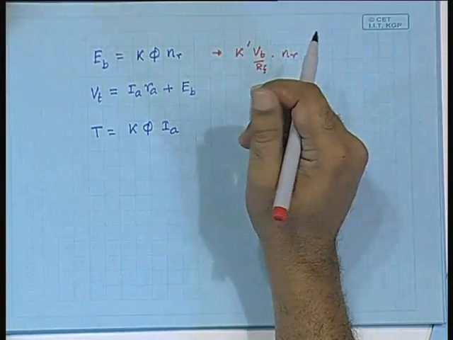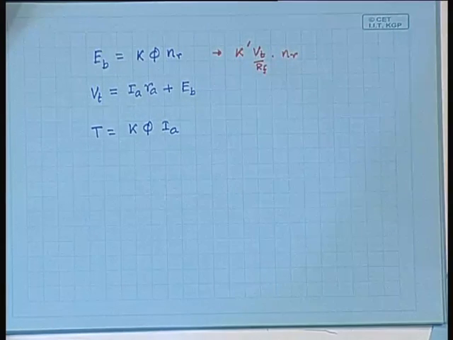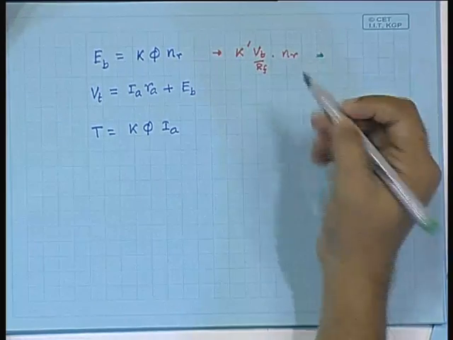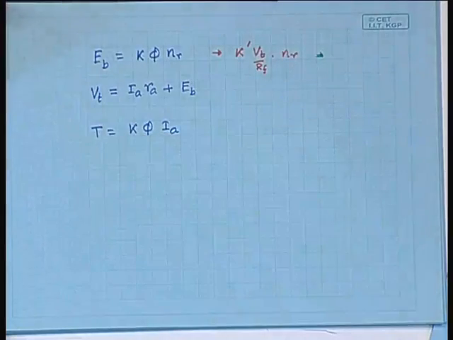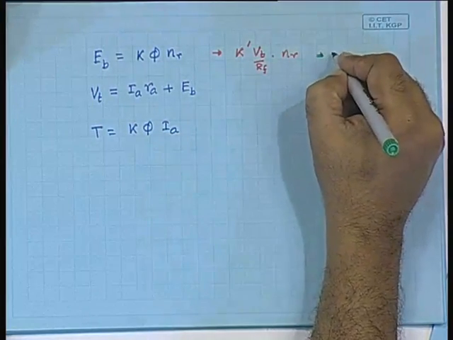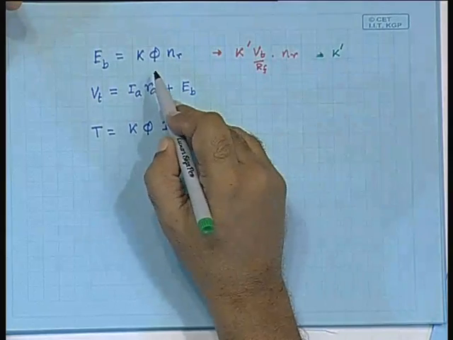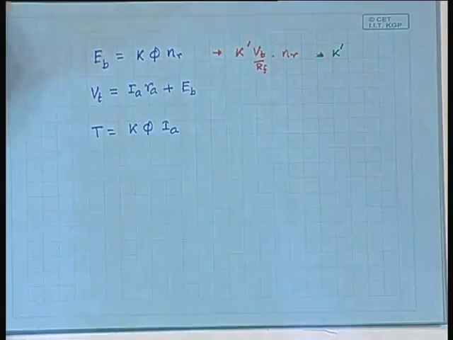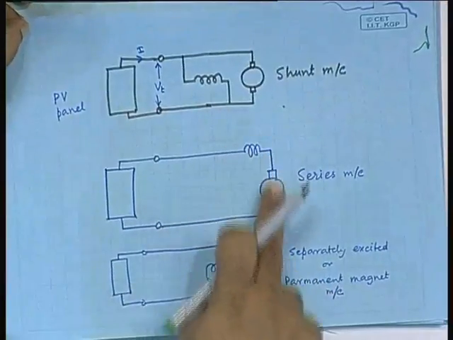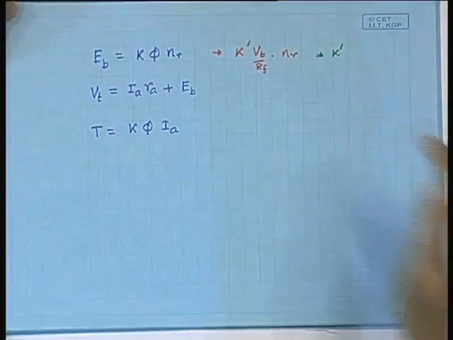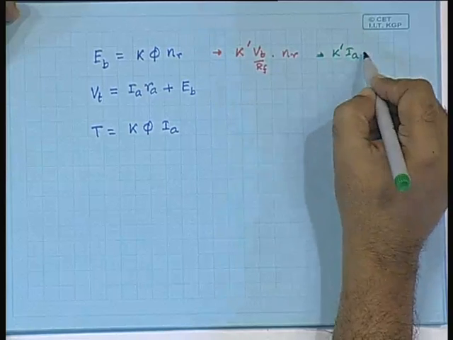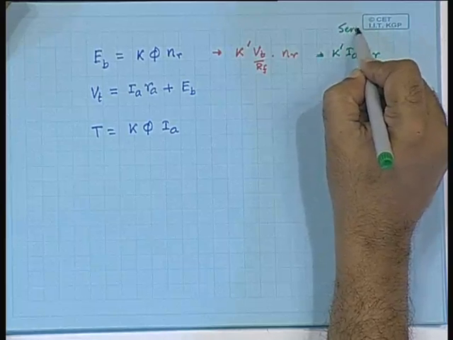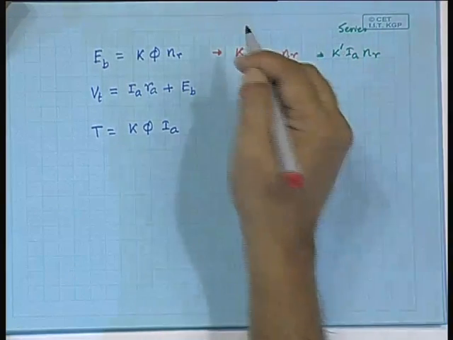If it is a series field, I will draw in series, it will be K prime, phi will be, no, in case of series field phi is proportional to I A. So, for series, and this is for shunt.